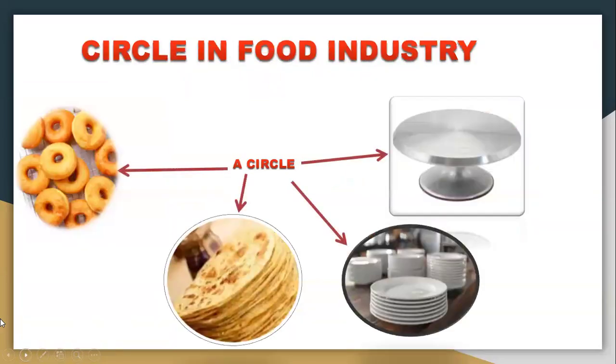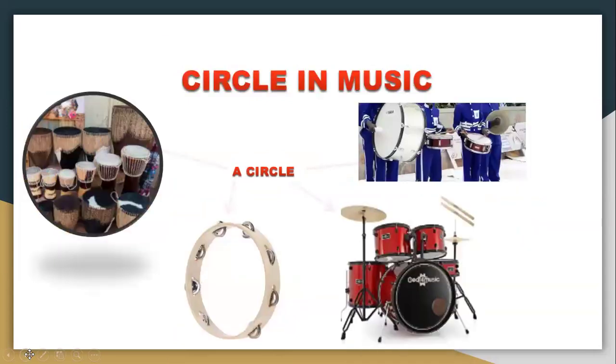When we come to the food industry, you have noticed that even in baking, you'll find that things are a bit circular. You'll find that in the making of donuts, in the making of chapatis, and also cakes, there is an element of those circular elements. So those ones are depicting what a circle is.